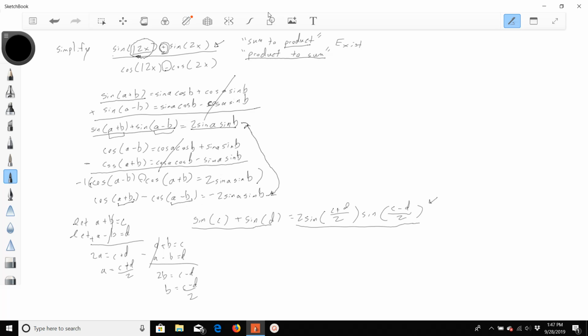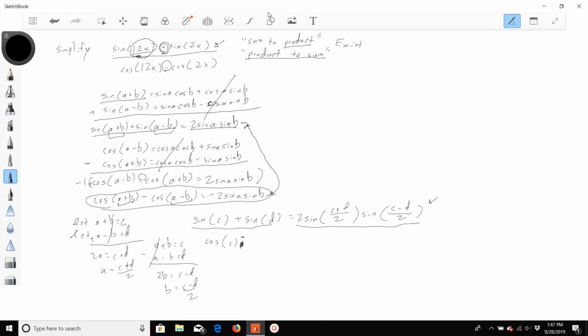Now, for my other formula, this one here, I'm going to do the same thing. Cosine of, now we defined a plus b to be c, minus, see, the signs always mess you up.